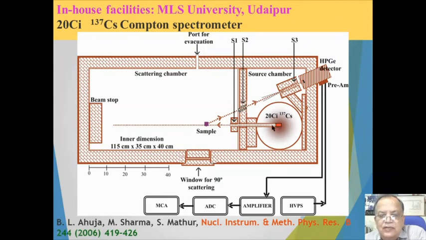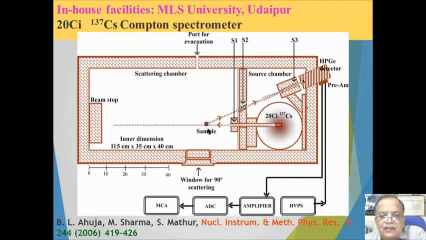So here you have this source container. In the source container you have the 20 Curie cesium source. The source container is basically made of lead. The diameter is about 22 centimeter lead block, and the length is also about 22 centimeter, and with that you have shielded the source.